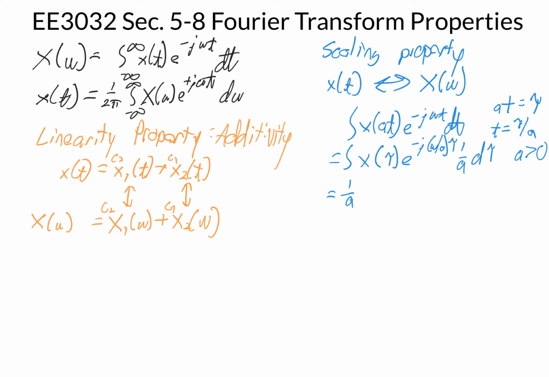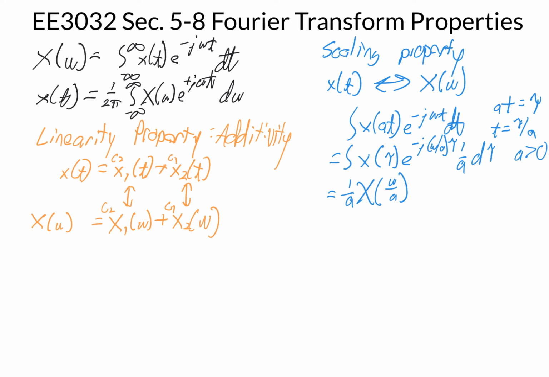So we see that follows the form of a Fourier transform where the frequency variable omega has been replaced by omega over a. So we get here the Fourier transform with omega replaced by omega over a.